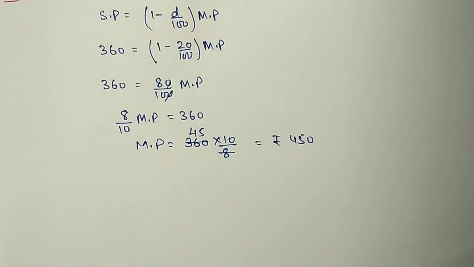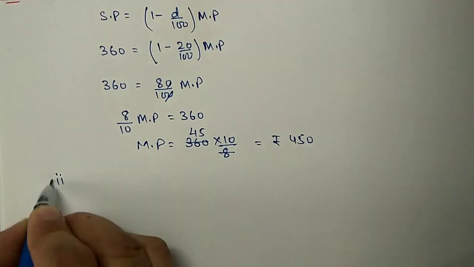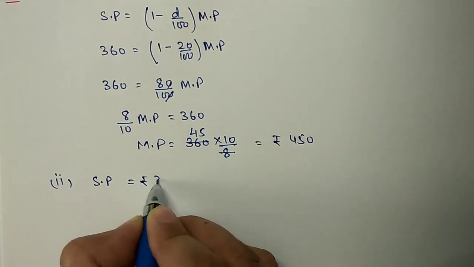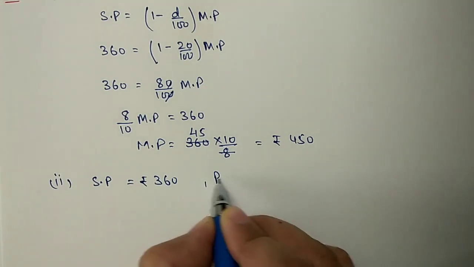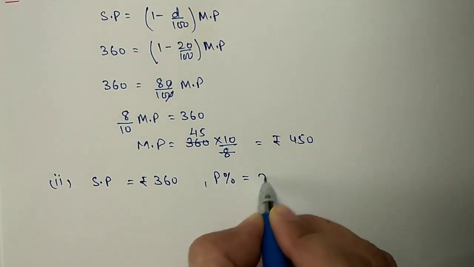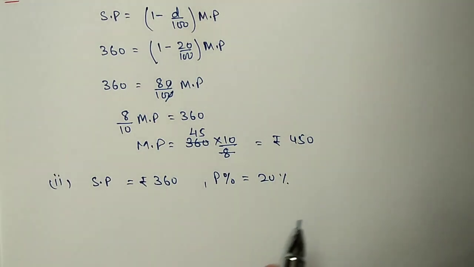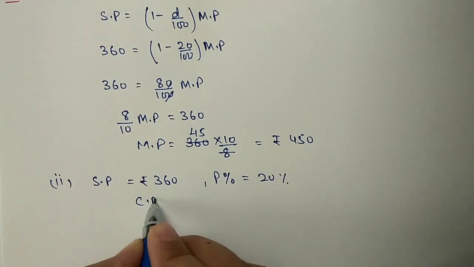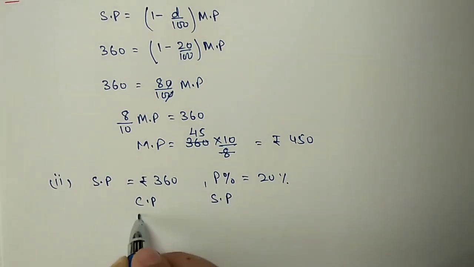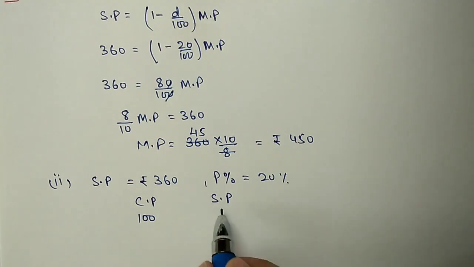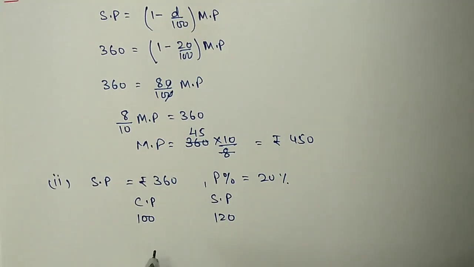Second thing, we have to find out the cost price. Selling price is given 360 rupees and profit is given 20%. So with the help of selling price and profit, we can find out cost price. Cost price and selling price. If cost price we take 100 rupees, then with 20% profit, selling price will be 120 rupees.